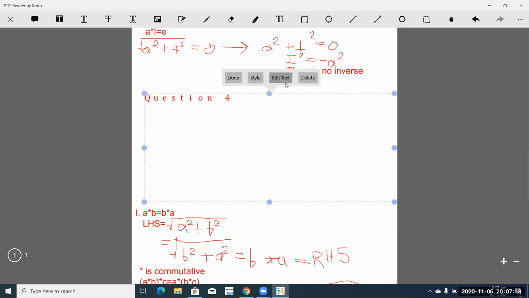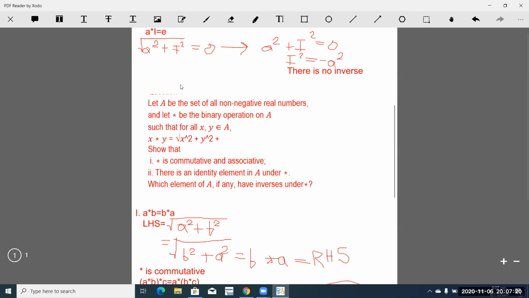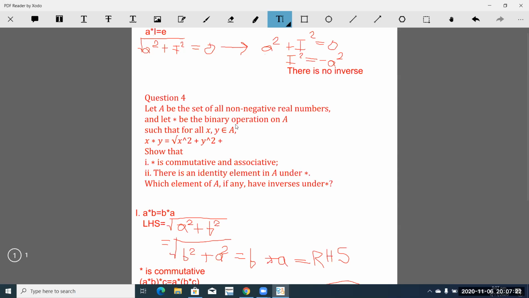To find I, we would have to square root this right here, but we can't square root a negative number, right? Because they tell us it's a real number already, and you cannot square root a negative real number.